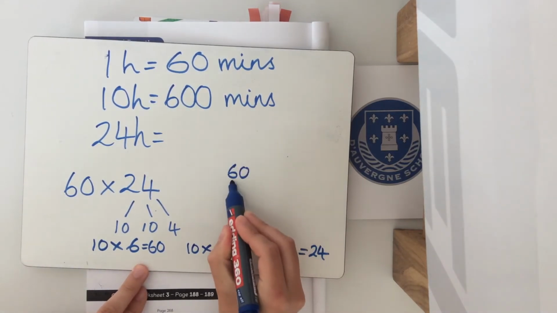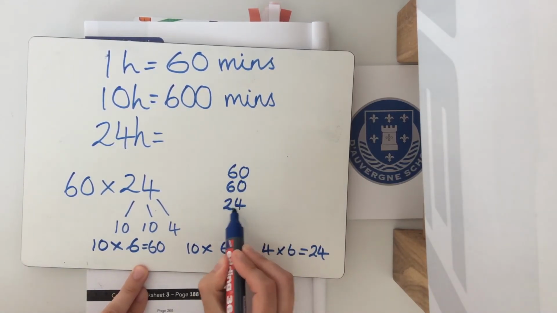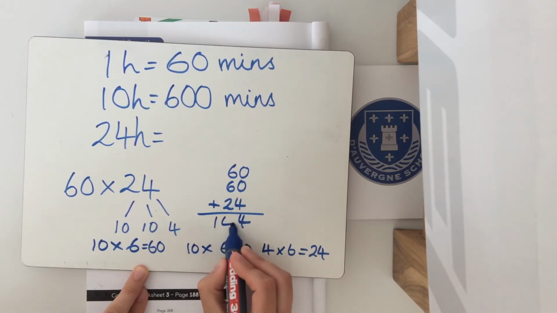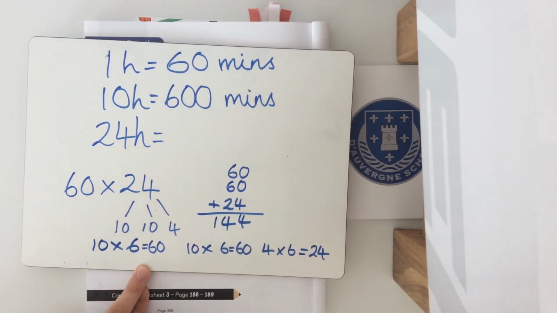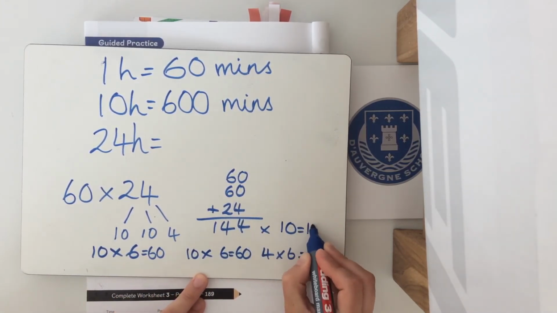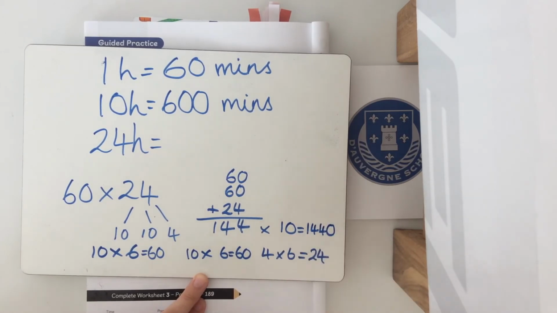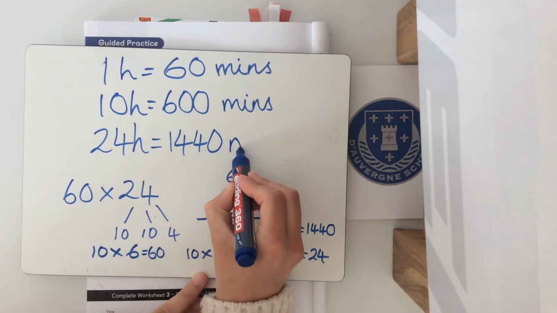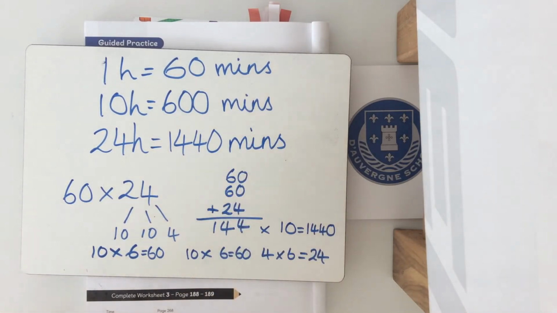I'm going to add them together. 144, but because I only multiplied by 6 instead of 60, I now need to multiply my answer by 10, which equals 1,440 minutes in 24 hours. Kind of similar to a method that we used in yesterday's lesson.